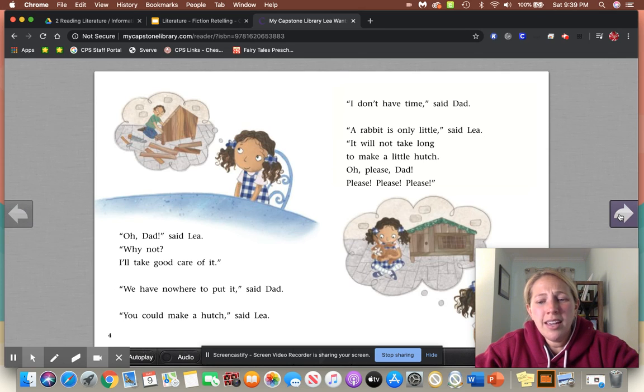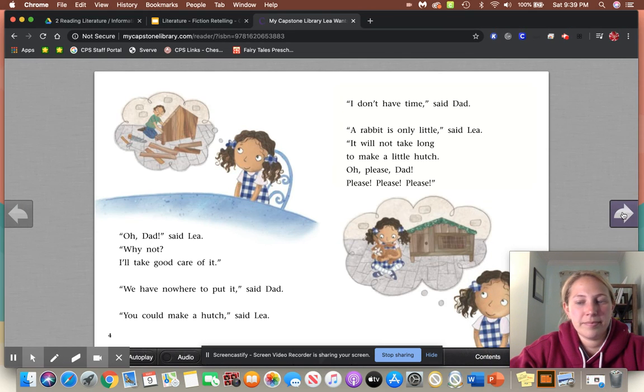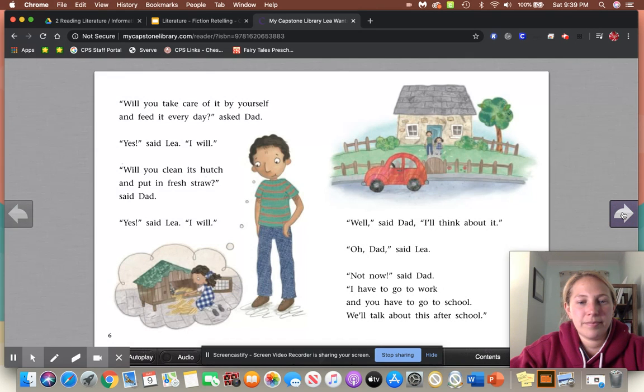Please, please, please. Will you take care of it by yourself and feed it every day? Asked Dad. Yes, said Leah, I will. Will you clean its hutch and put in fresh straw?